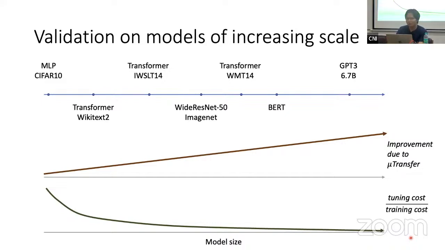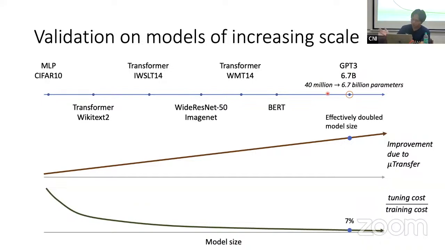Now for concreteness, we can look at this GPT-3 model. This is in collaboration with OpenAI, and we took the 6.7 billion parameter model of GPT-3, and we shrank the model from 6.7 billion parameters to 40 million parameters, so around 150 times smaller.